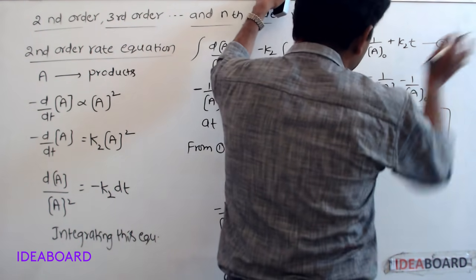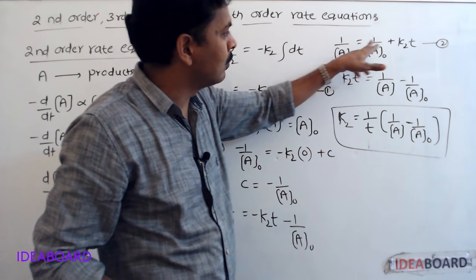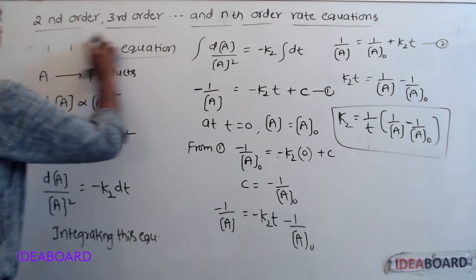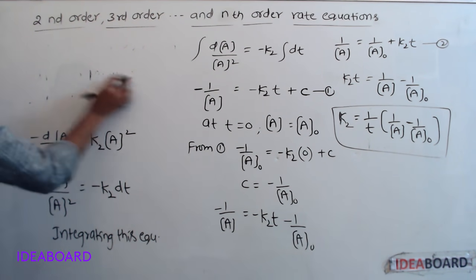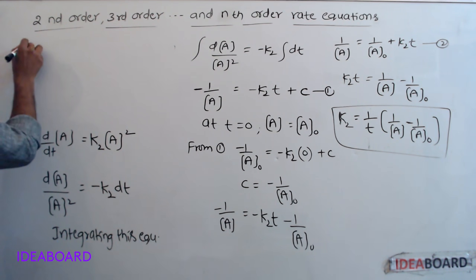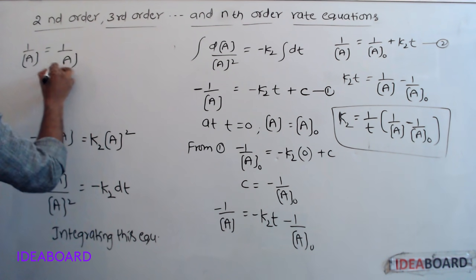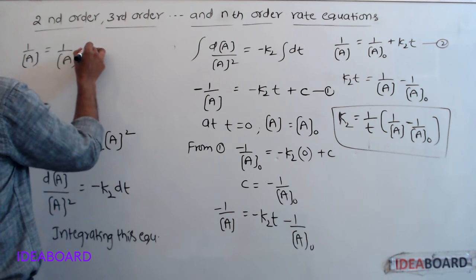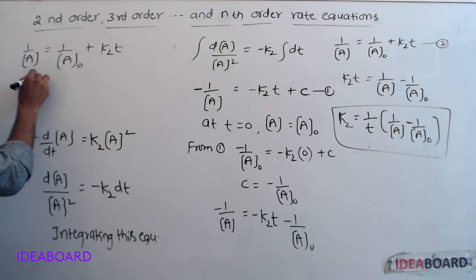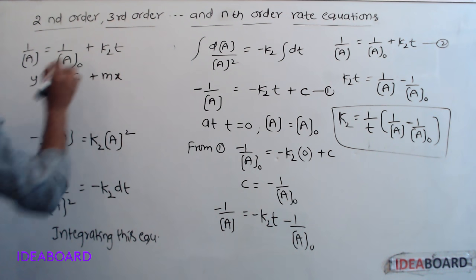So now I am taking this equation. This equation is similar to y is equal to mx plus c. One by A concentration is equal to 1 by A naught plus K2T.